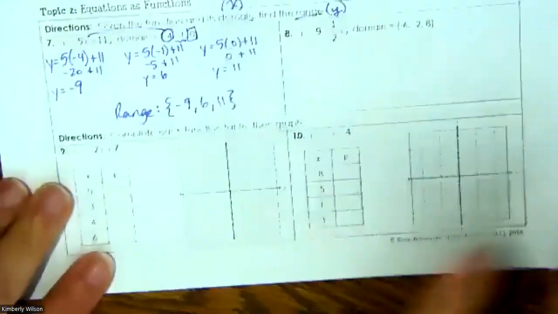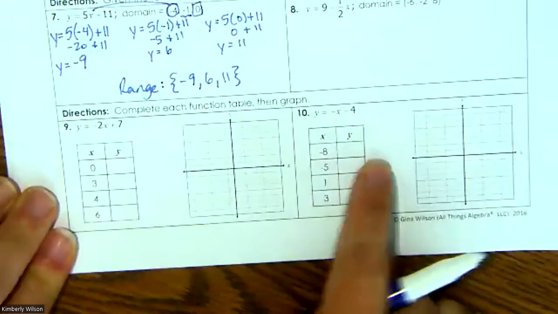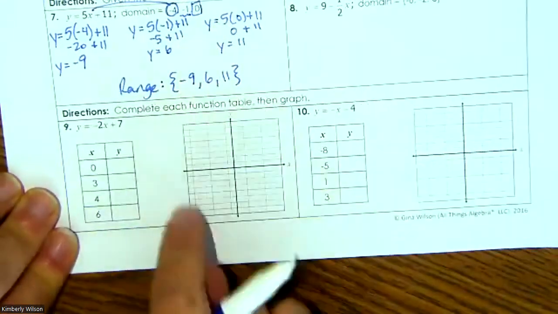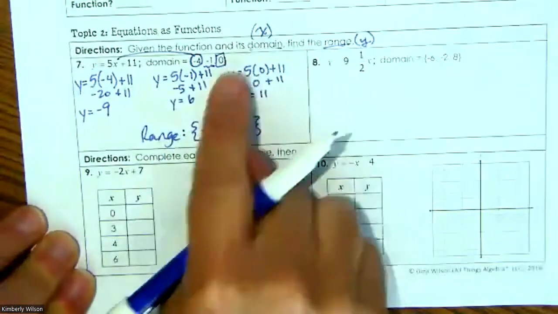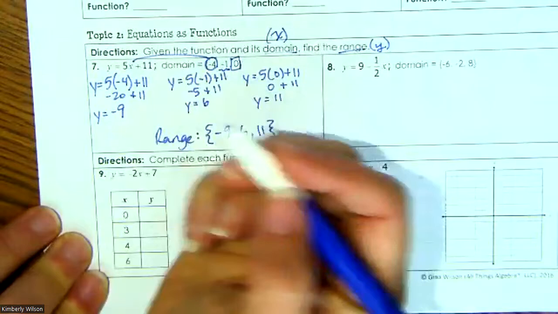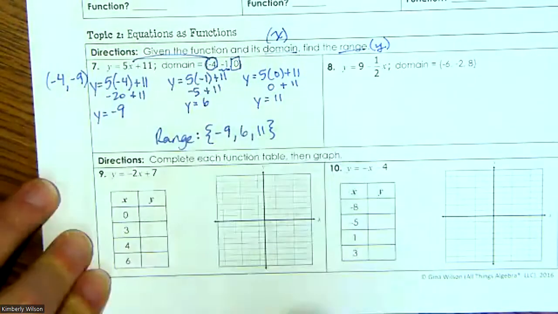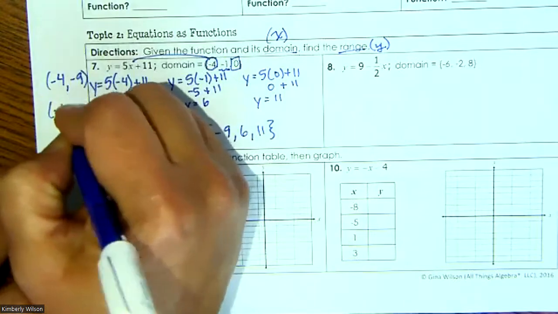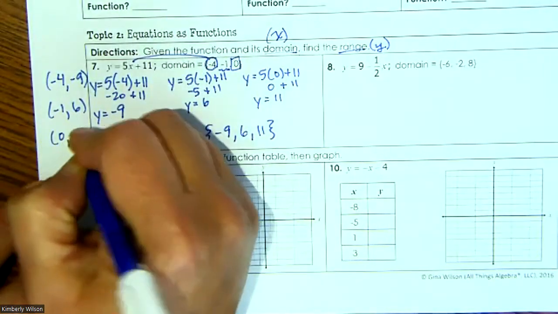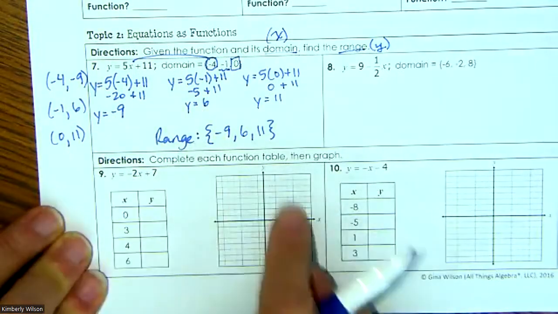Okay. For number 8, 9, 10, you're doing the same thing. For 9 and 10, you are only adding that now you write these as ordered pairs and you plot them. So for instance, if I were looking at this number 7 and I needed to write it as an ordered pair, this would be -4, comma -9 as the ordered pair. -1, comma 6. 0, comma 11, and then I would plot these 3 ordered pairs on the graph.